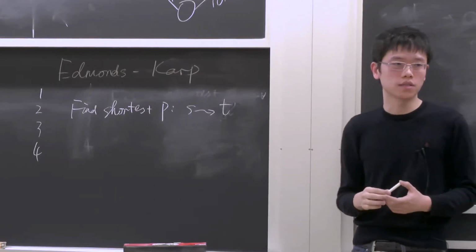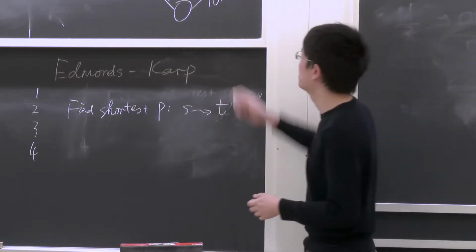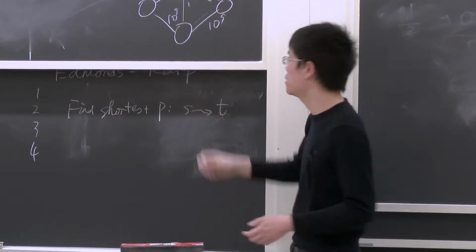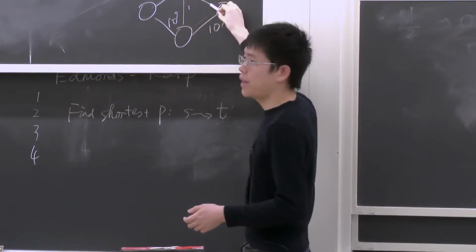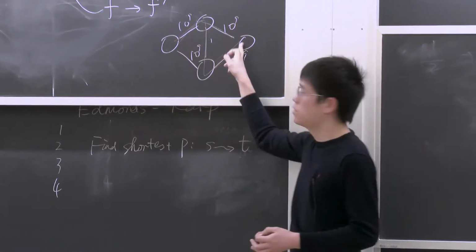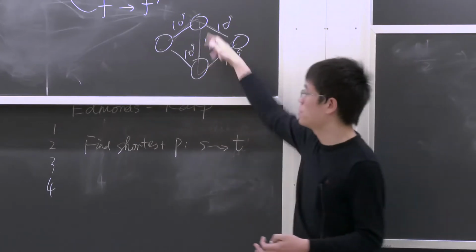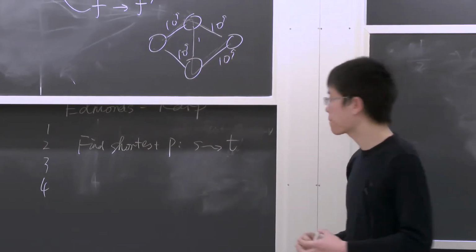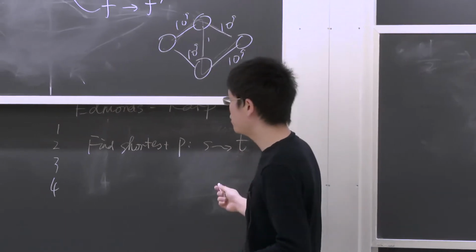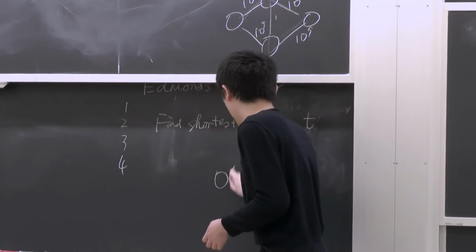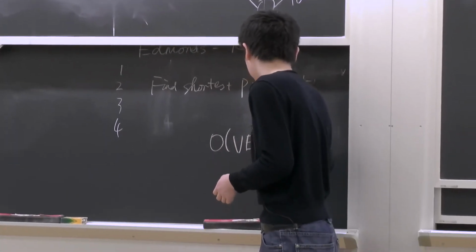Here, shortest just means least number of hops. Here, in this pathologically bad example, Edmonds-Karp will do much better because it will find this path instead of this weird path, right? Because that path's distance is 2, and the one going across the middle is 3. Okay, now we are going to prove that this algorithm runs in O(VE^2).